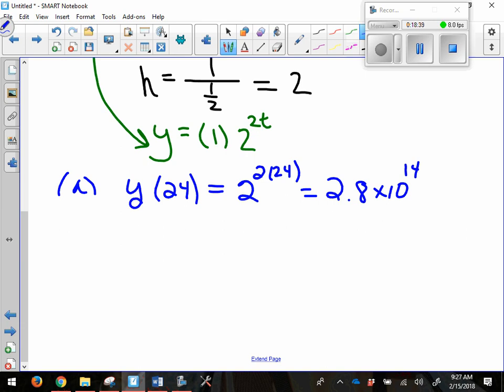I think we're talking almost a million billion. A trillion would be 12, so it would be 280 trillion, because a billion is 9. So that's a lot.